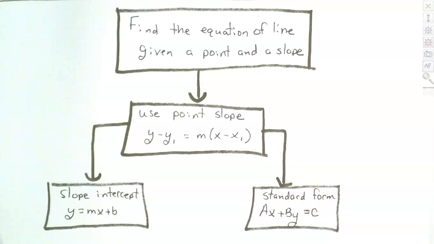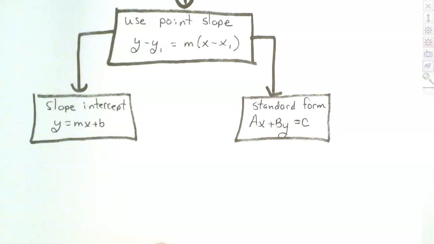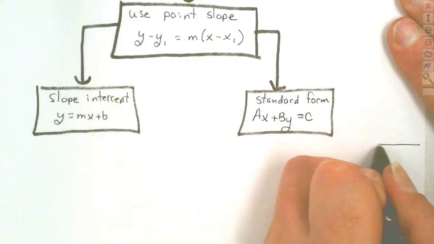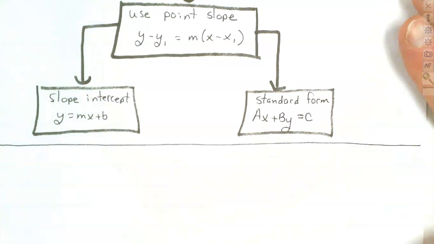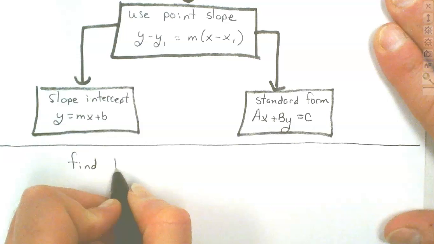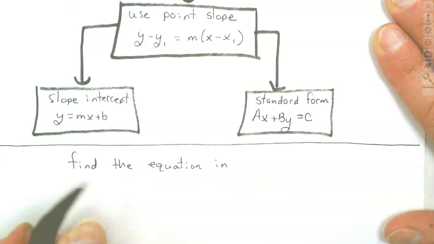This is the flow chart that we're going to be using when we want to find the equation of a line, and we're given a point and a slope. So we apply our point slope formula, and then we find our answer in either slope-intercept or we find it in standard form. So let's work out two of these, and let's find the equation in slope-intercept form.